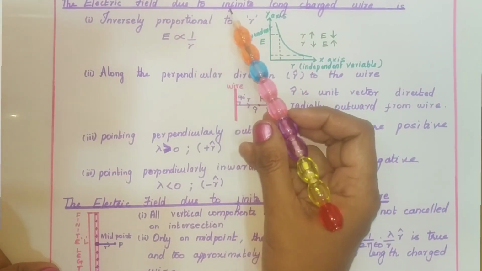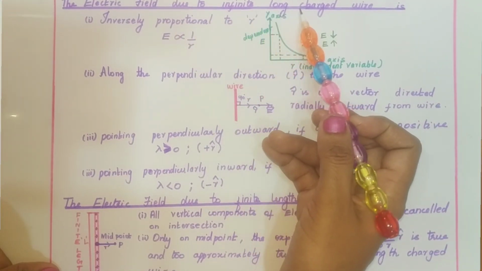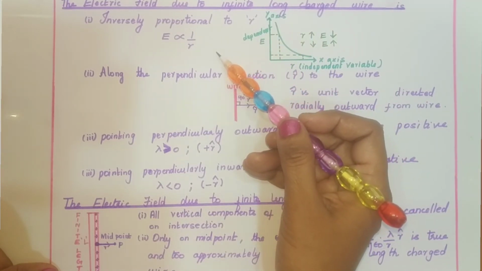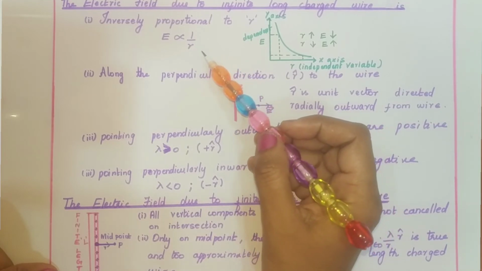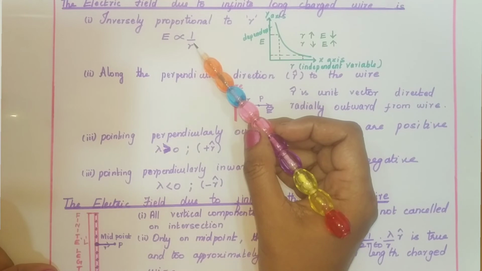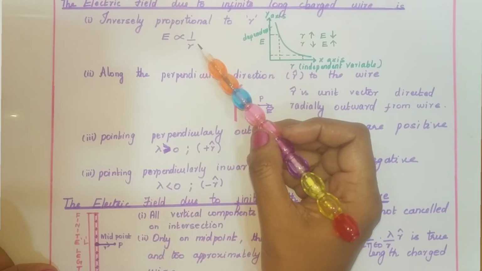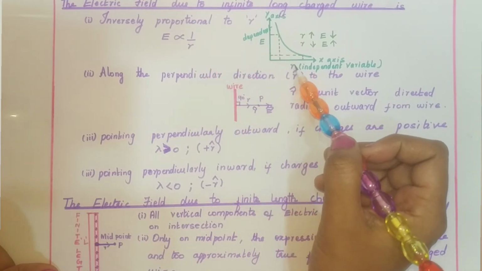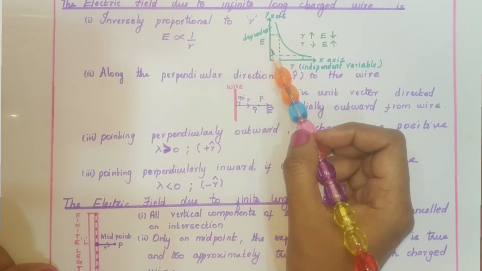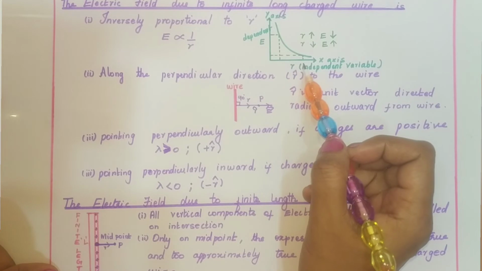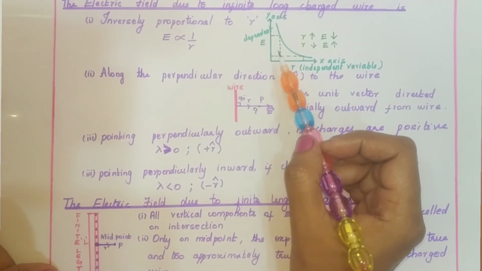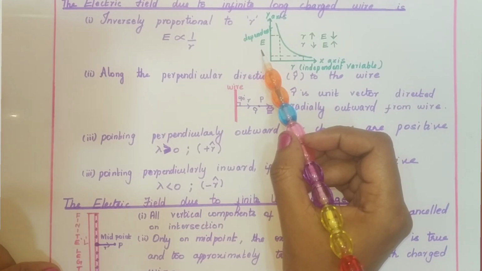The electric field due to an infinitely long charged wire is 1 by 2 pi epsilon naught lambda by R, isn't it? What we learn from this expression is that the electric field is inversely proportional to R. Here we take the independent variable R on the x-axis and the dependent variable E on the y-axis. As R increases, the electric field decreases. For a lesser value of R, the E value increases.